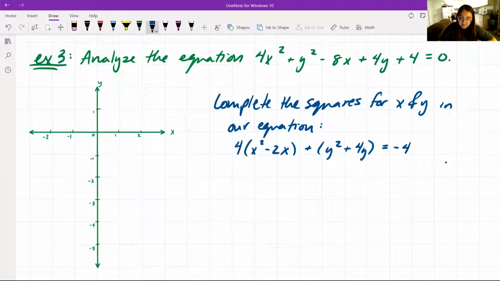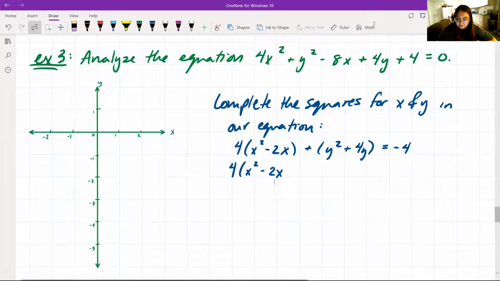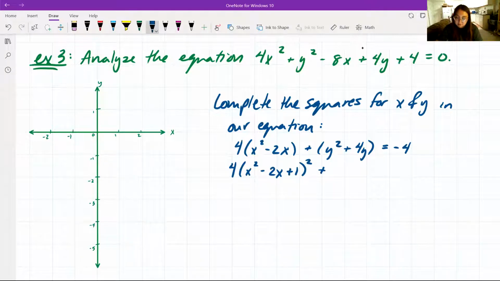The way we would complete this square would be if we had our values of plus 1. In this case, when we complete our square, it is going to look like x minus 1 squared.